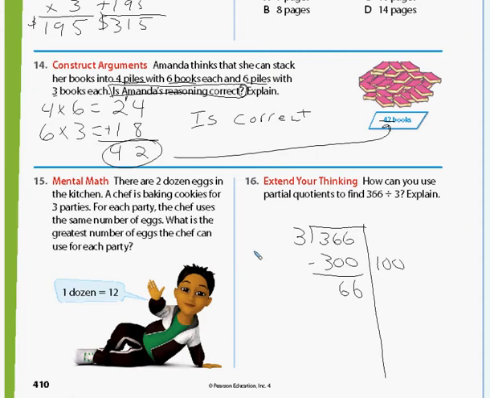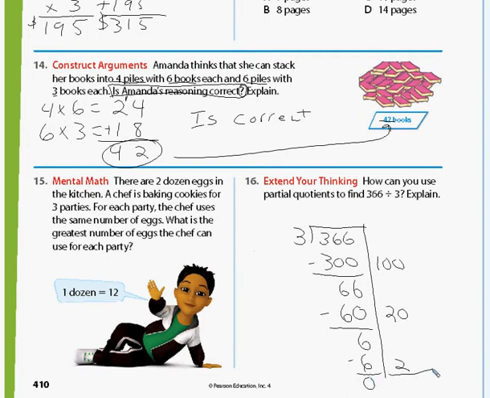I know 10 threes is 30, so 20 threes would be 60. I subtract that, I get 6. And now I'm down to 6. I know 2 times 3 is 6, and that'll get me to 0. Now that I'm at 0, all I need to do is add up.